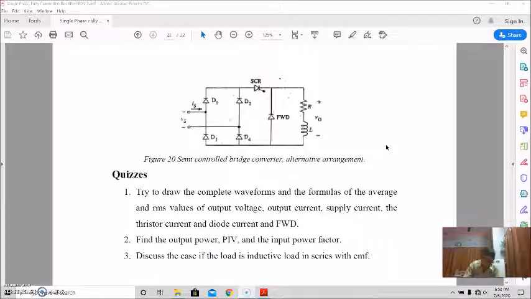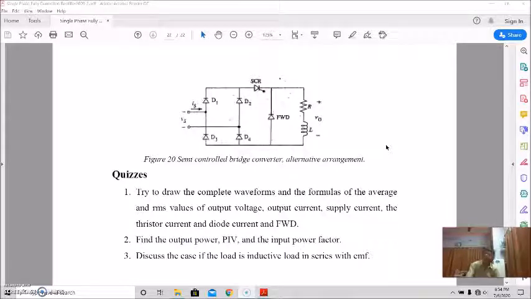With this we will definitely complete our discussions on single phase converter circuits, half wave and full wave both.